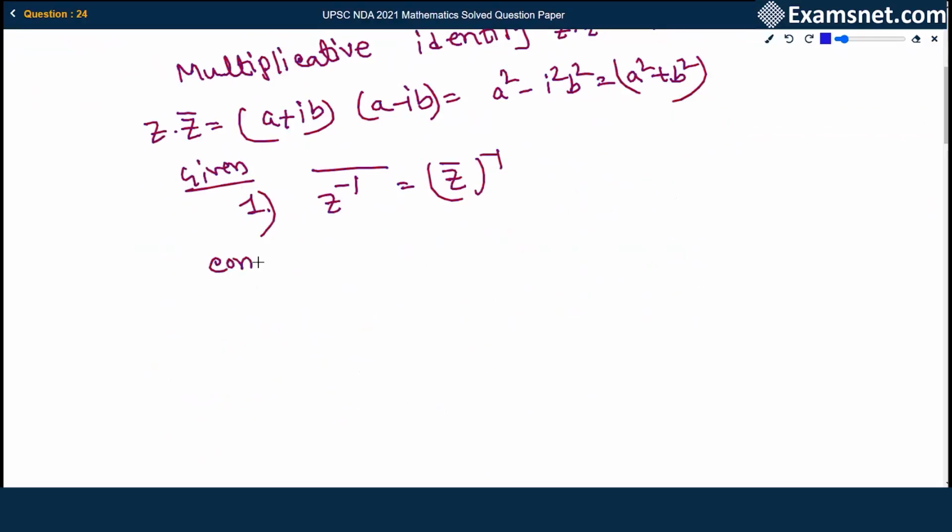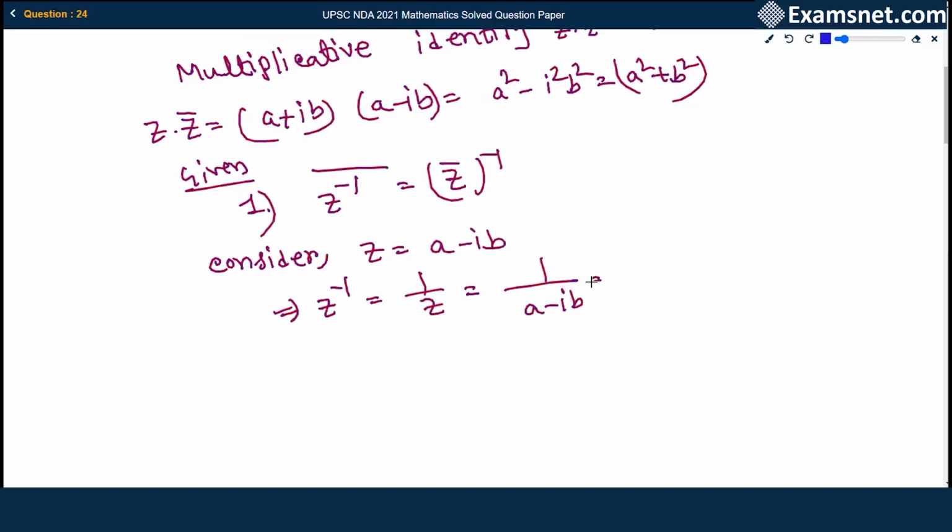Now consider z equals to a minus ib. So z inverse will be 1 by z, right? So here 1 by a minus ib. Now we need to rationalize this. For rationalizing, we will multiply both numerator and denominator with the conjugate of a minus ib.